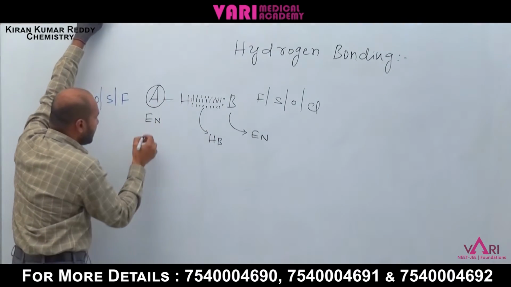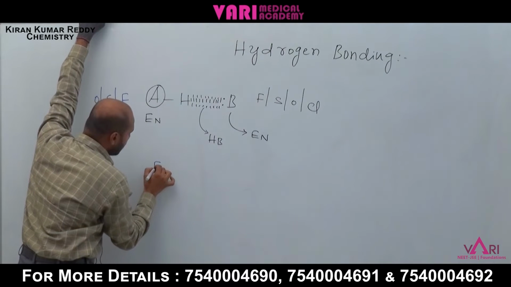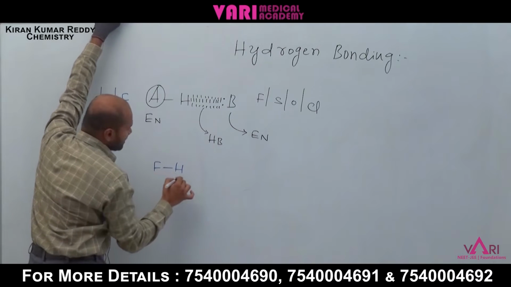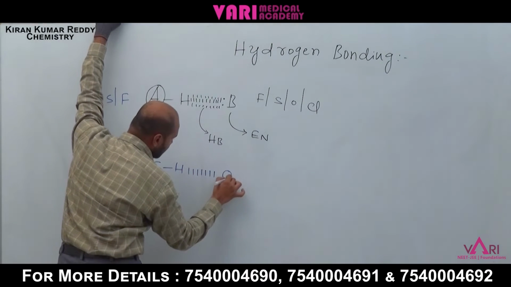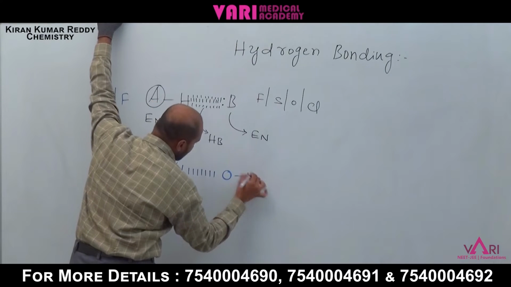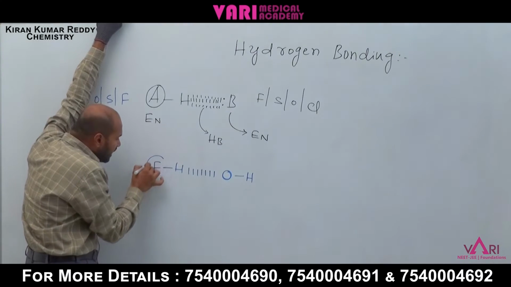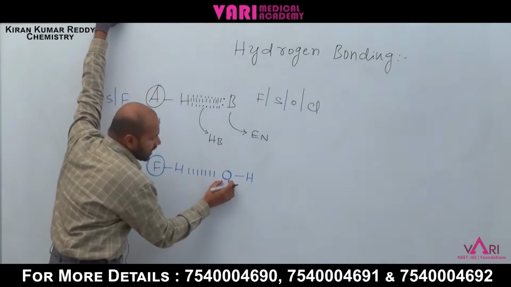If I take fluorine in the A place, F and H, that is hydrogen bonding with oxygen, O. Which one is more electronegative? Fluorine, as the A atom, is more electronegative compared to oxygen.